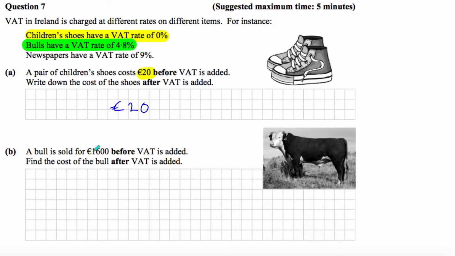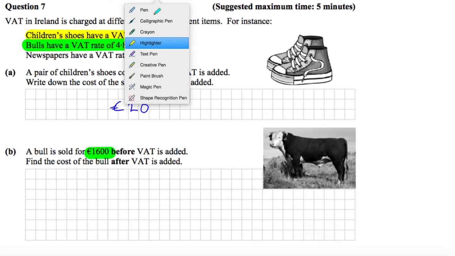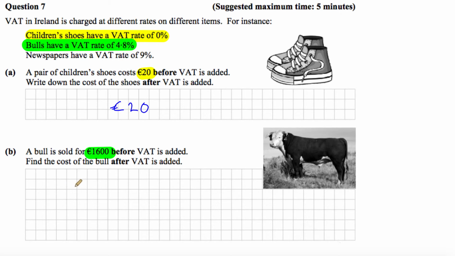So we're going to add the 4.8% to the 1,600. Okay, so there are a few ways you could do this. You can multiply your €1,600 by 4.8%. So you can just do this on the calculator using the percent button.